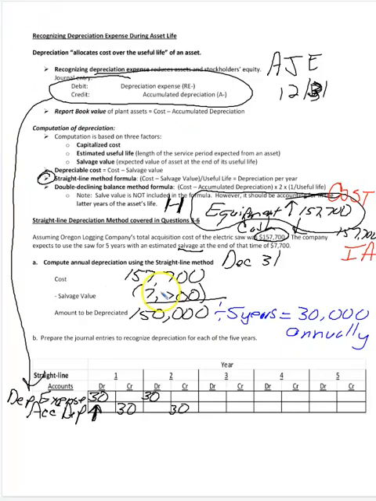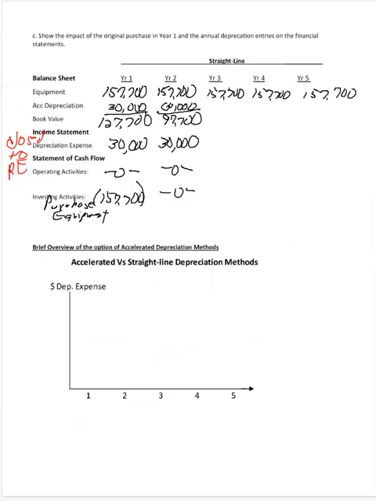Okay, and you may get the hang of this. A whole nother year goes by. We are going to depreciate that equipment another $30,000. Remember, depreciation expense gets closed each year, so it does not grow. It's going to be 30, 30, 30 each year. But the accumulated depreciation is on the balance sheet. Balance sheet accounts do not get closed.